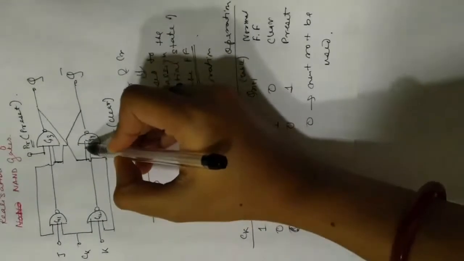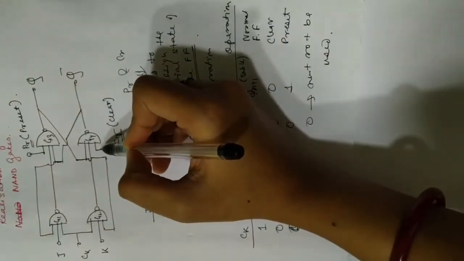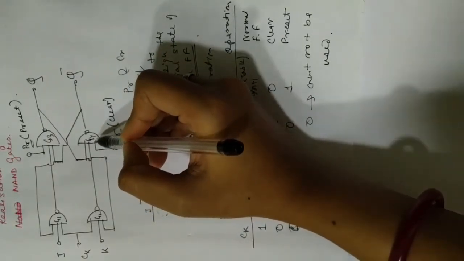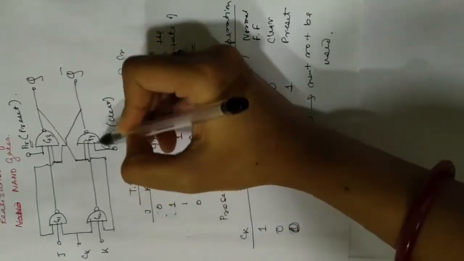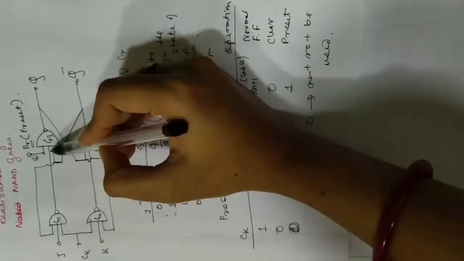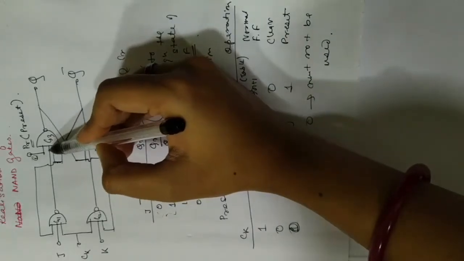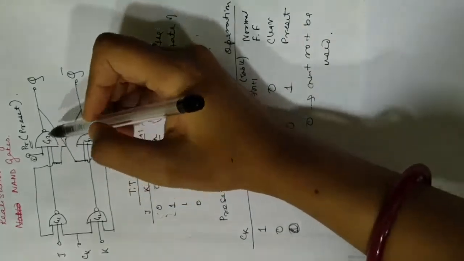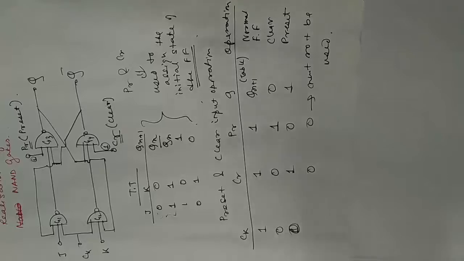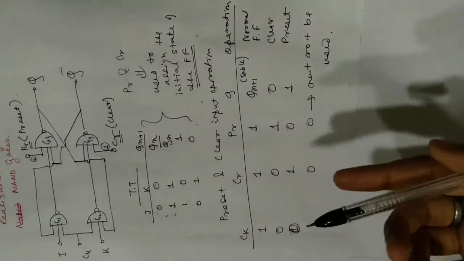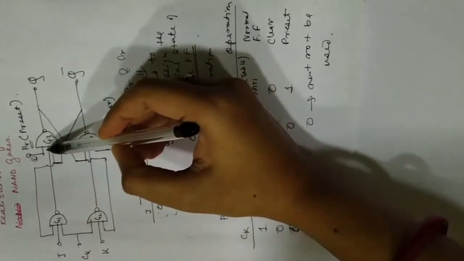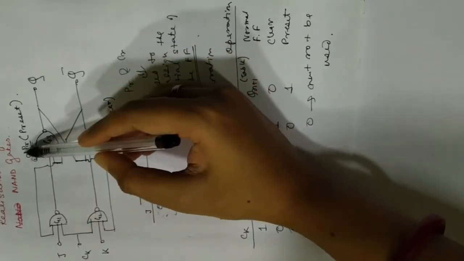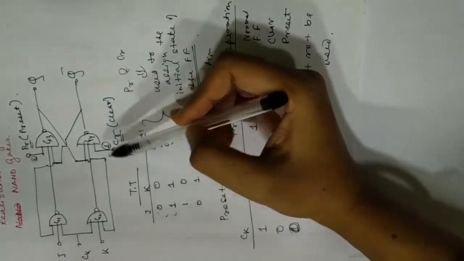Whatever these inputs are, they will remain the same when they pass through a NAND gate. 1 dot A bar is A bar. Whatever you send through these inputs, they remain unaffected when PR and CR are 1.